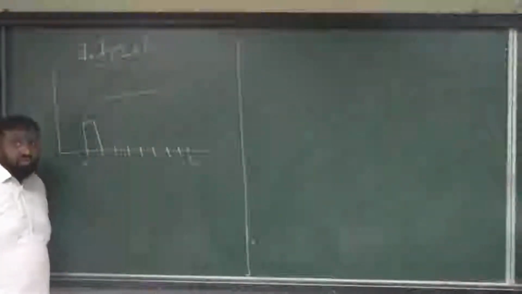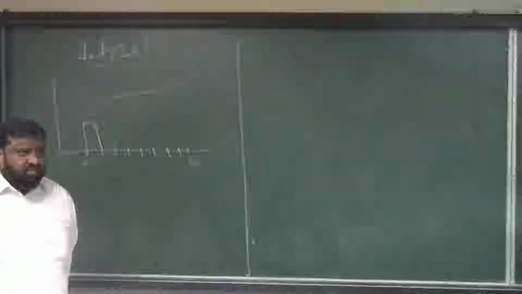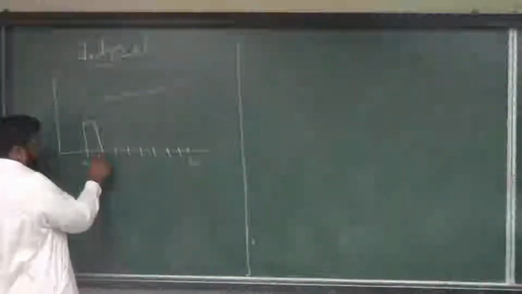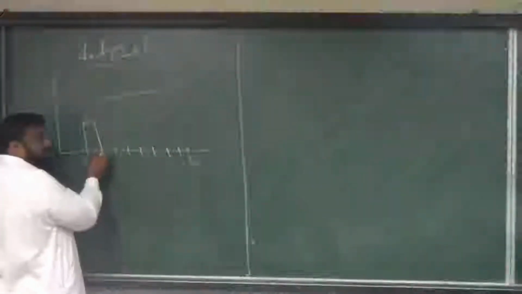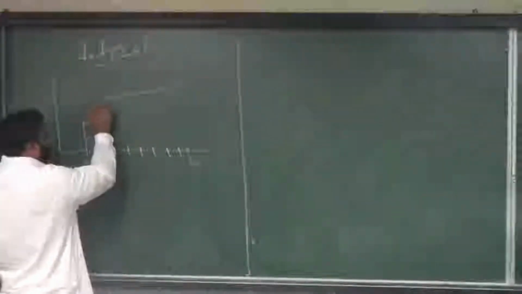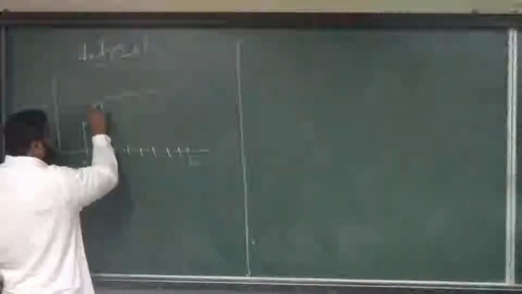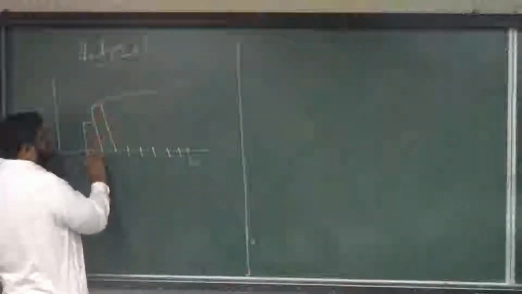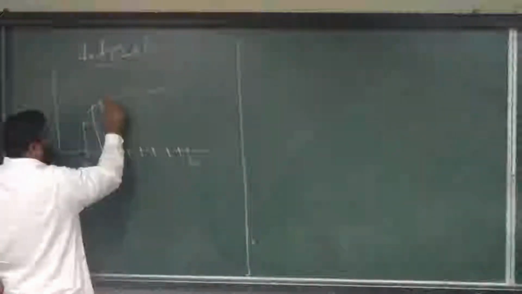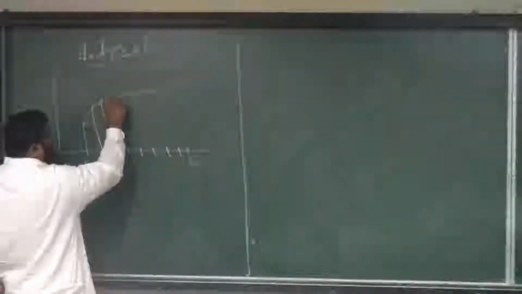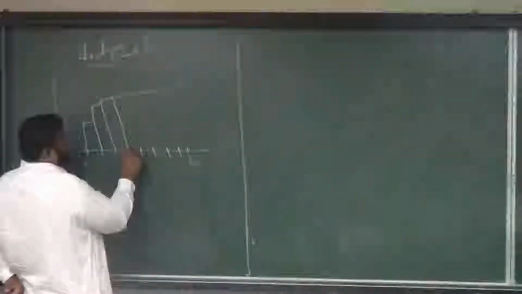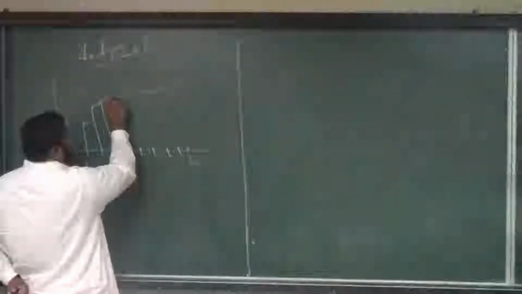Okay. What next? f of a plus h. The second, then take the next point. And then f of a plus h is the height. Take this point and draw a rectangle. Okay. And then f of a plus 2h, the point is drawing the rectangle. And then just keep on doing the same.